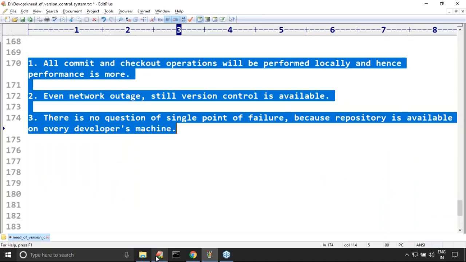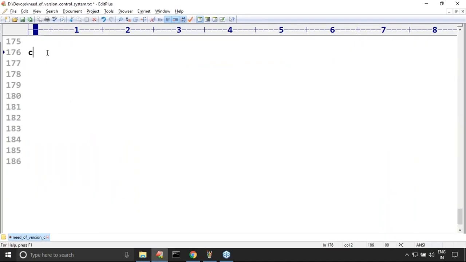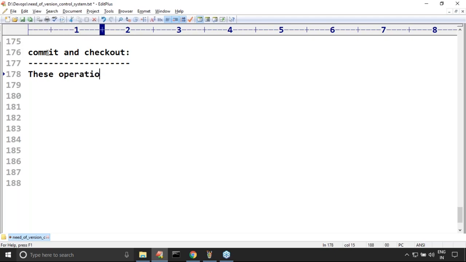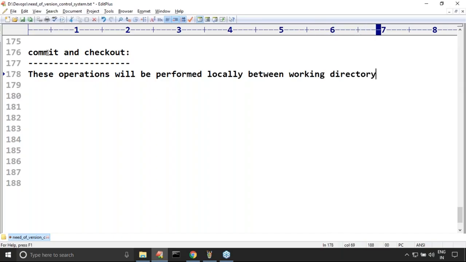Here some people may have a bigger doubt, sir: commit and checkout. These operations will be performed locally between the working directory and the repository.